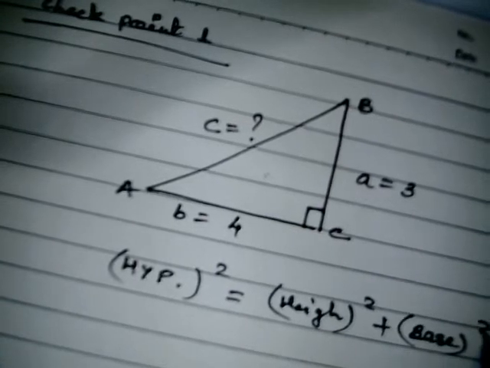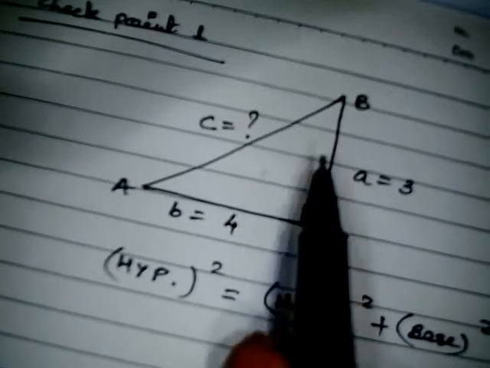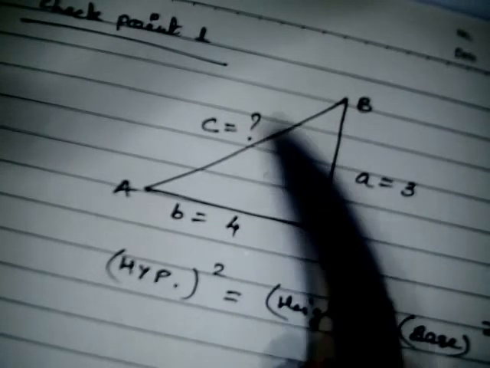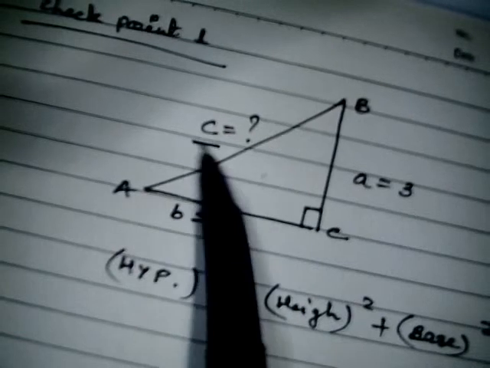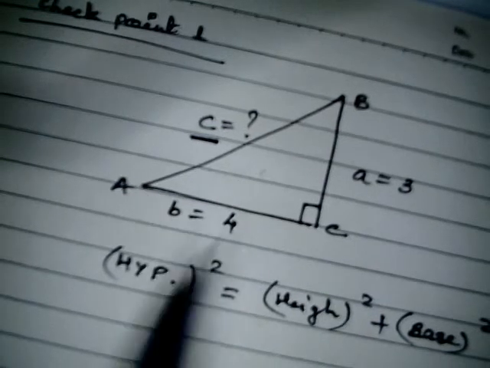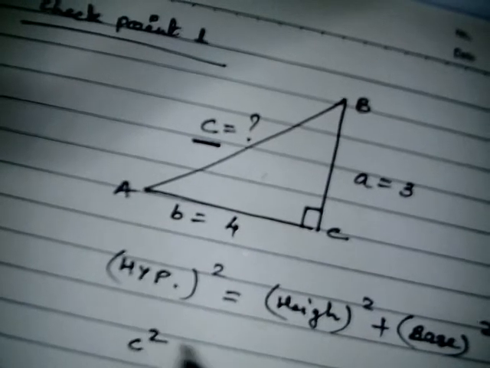Now what is the name of hypotenuse? Hypotenuse is AB, or they have represented it by letter C, so you can write C or you can write AB. I am going to write C over here because they already have denoted it that way.